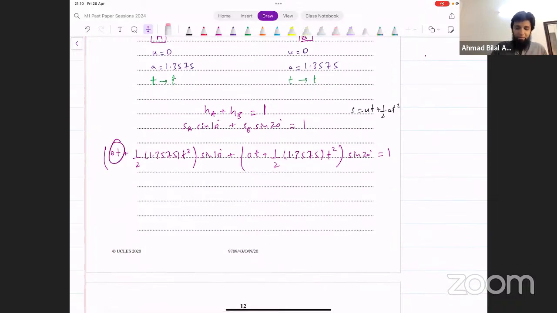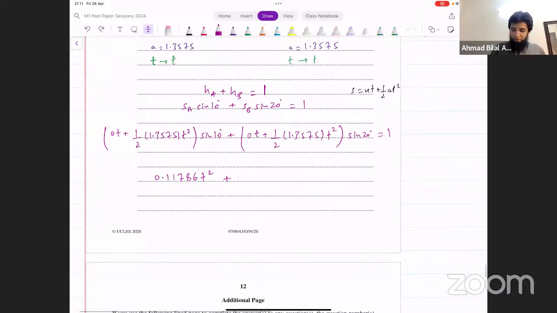This is 0, that gets eliminated. Let's multiply these. 1.3575 divided by 2 into sine of 10 is giving me 0.11786 t squared, plus, let's multiply these, 1.3575 divided by 2 into sine of 20.